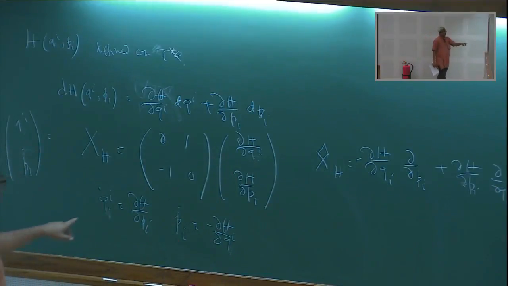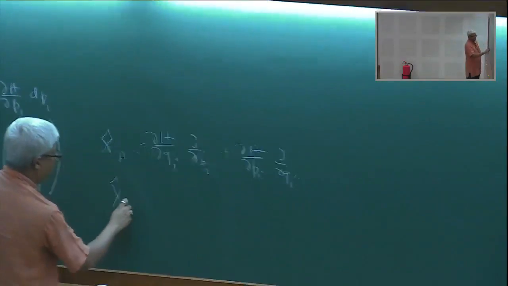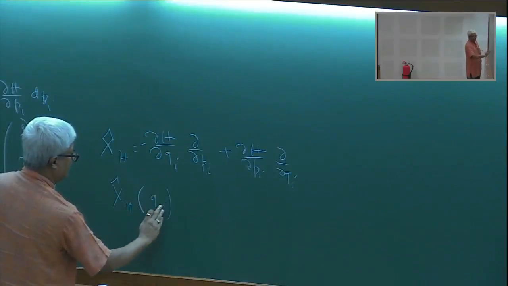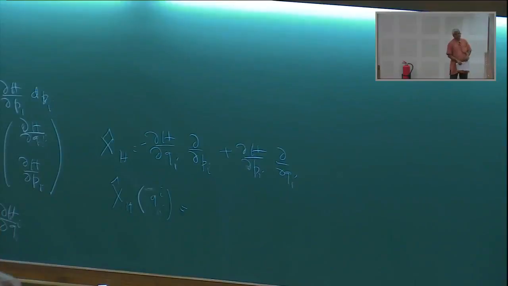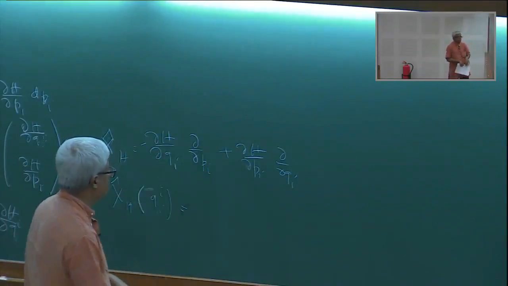So you can see this thing matches, because in my operator, this is q_i dot, so you can see that this is only del H del p_i, because this is an independent coordinate, that will not work.